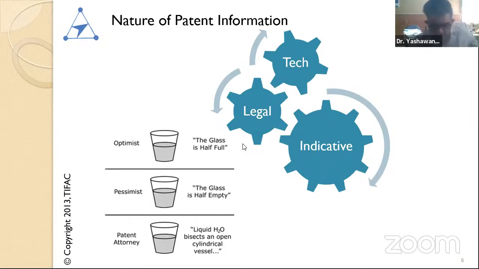Sorry, there was an interruption. But let's say I was talking about adding some kind of innovative features there. But look at how the patent attorney, while drafting a patent application, would write this half empty or half full glass. The patent attorney will say liquid H2O bisecting an open cylindrical vessel and whatnot.